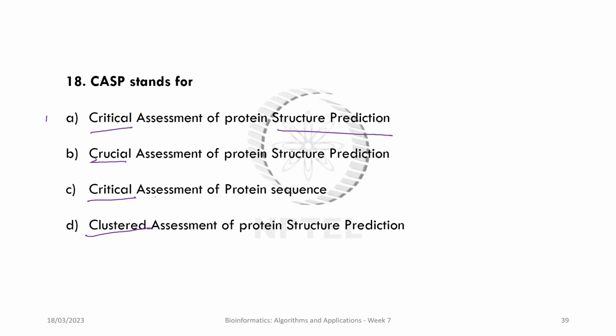Structure prediction, sequence, structure prediction. So critical is right, structure prediction is right. So no other option has this combination except for A. Critical assessment of protein structure prediction. That gives answer A. Thank you, Vijayanta and Ashira.